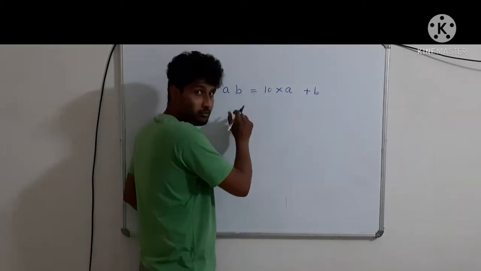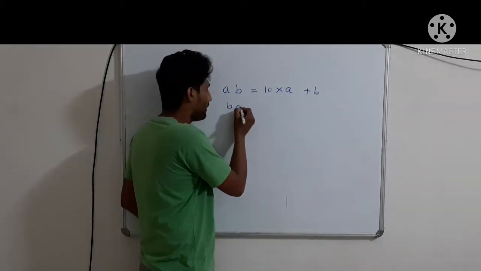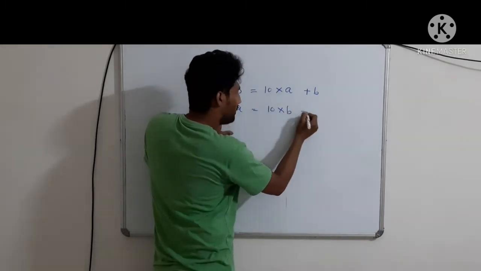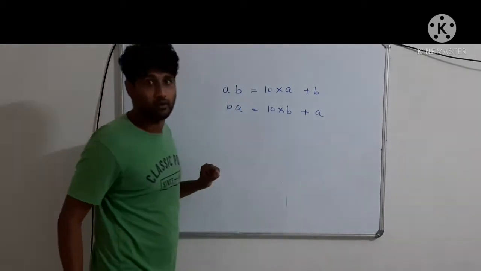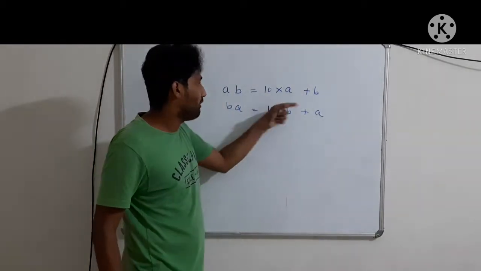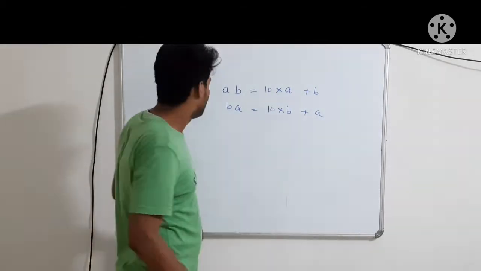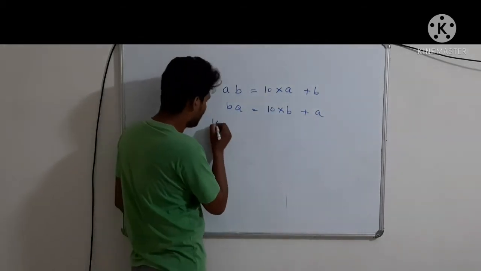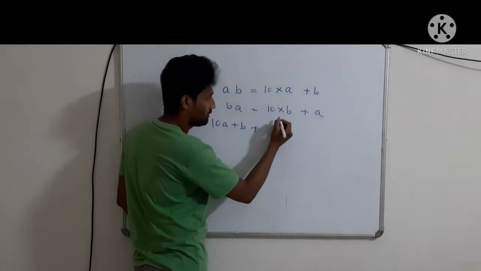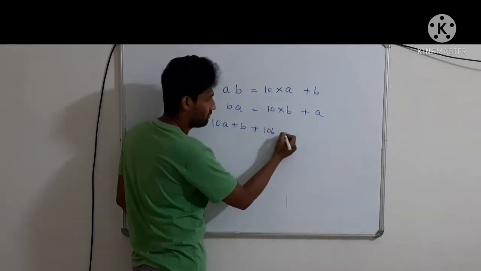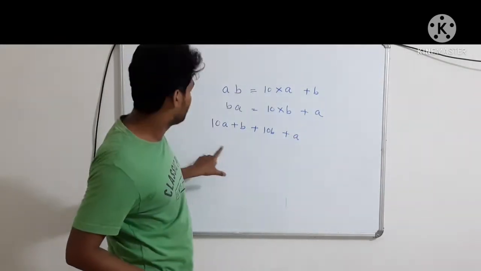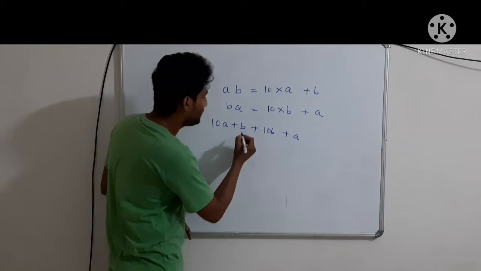So the reverse number will be BA, which will be 10 into B plus A. Now, when I am adding AB plus BA, I will be adding these two numbers. So what will I get? 10A plus B plus 10B plus A. I am adding these two values. So this is what I get. Now, see the like terms.